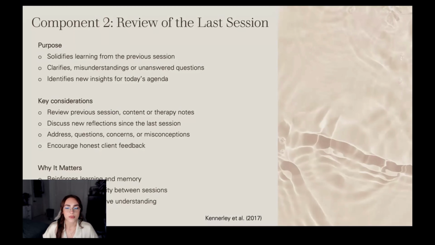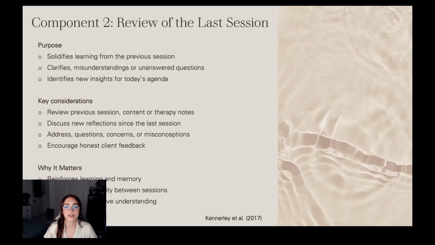Clients may reflect on the previous session through therapy notes, recordings, or personal observations, and these reflections can help shape the current session's agenda. Reviewing the previous session also provides an opportunity to assess the client's understanding of the therapeutic work. Counselors should explore whether the client has questions, whether any concepts remain unclear, or whether additional concerns have emerged after reflecting on the previous session.